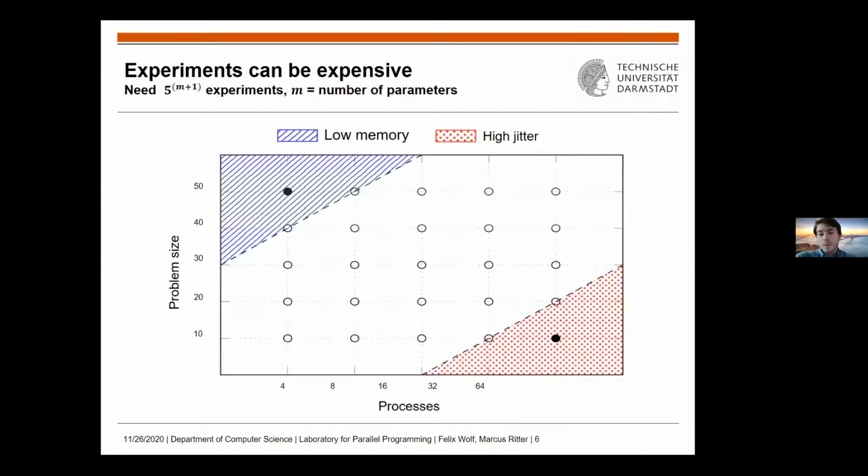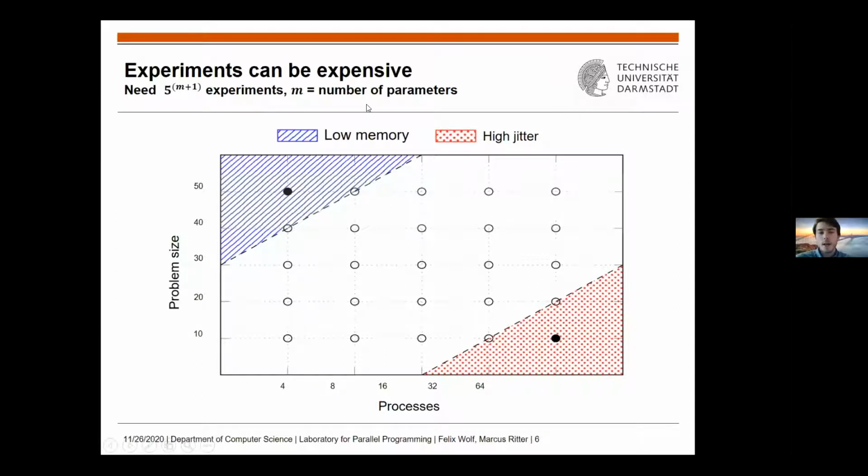But still there's a problem, and the problem is, or was, the number of measurement points ExtraP required to do this automatic modeling. Before, ExtraP required at least 5 to the power m plus 1 experiments, where m is the number of parameters.